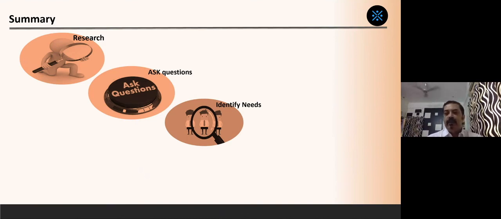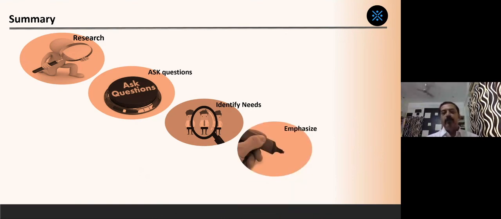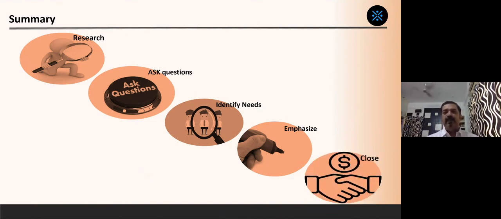We saw the different methodologies: the assumptive way, the conclusive way, and the direct way. And then we also saw how to emphasize the pain, the Sandler pain funnel, and the SPIN technique. And this leads towards closure. So that's pretty much it.